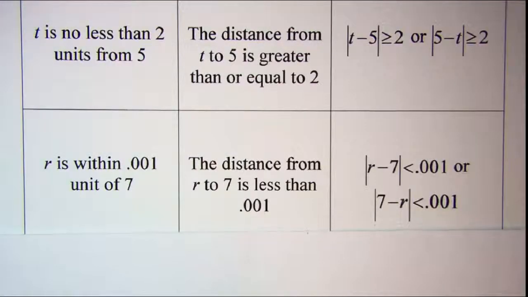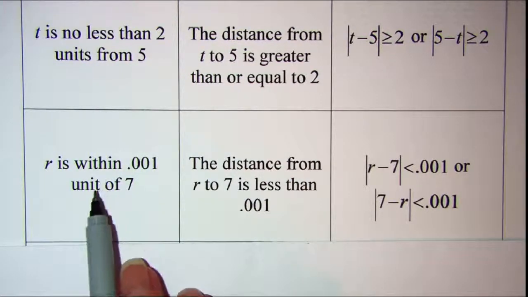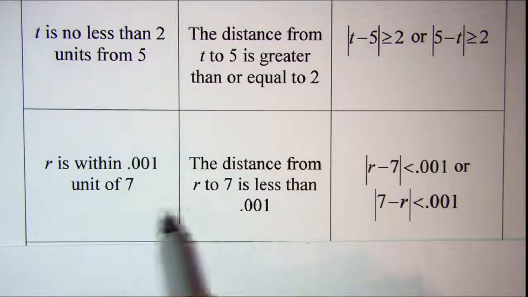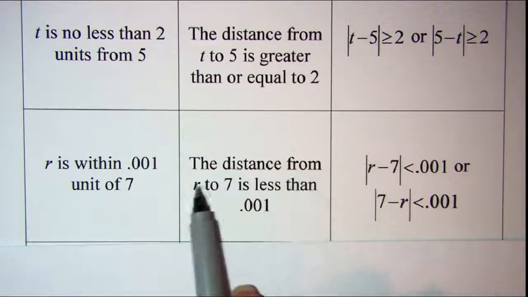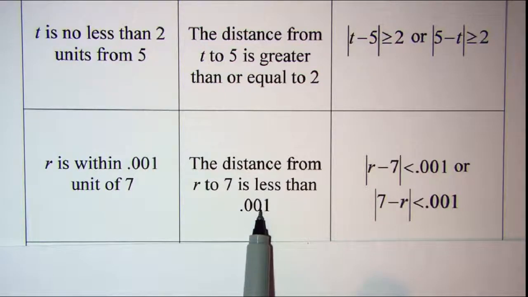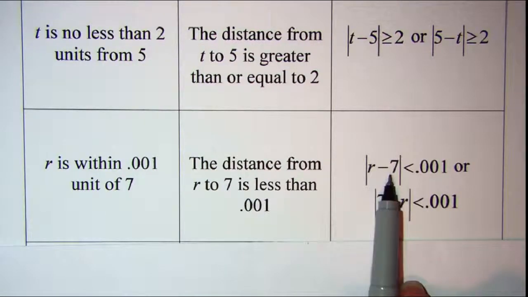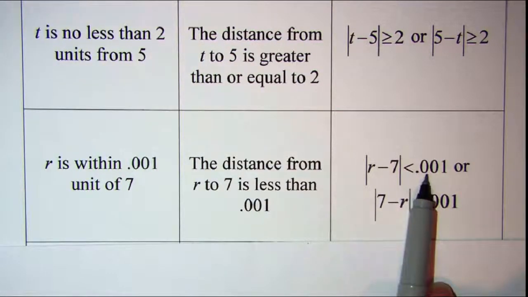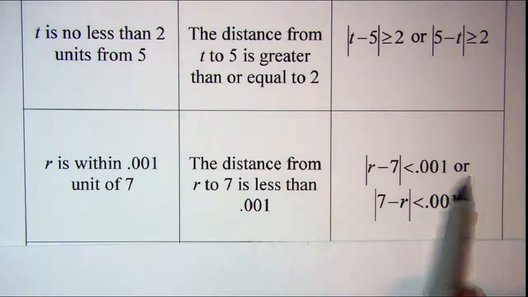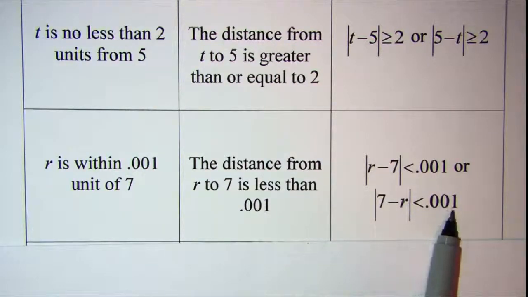Right, another statement, r is within 1/1000th of a unit of 7. That means that the distance from r to 7 is less than 1/1000th. So our absolute value inequality will be the absolute value of r minus 7 is less than 0.001, or again you can turn that around and write 7 minus r is less than 0.001.